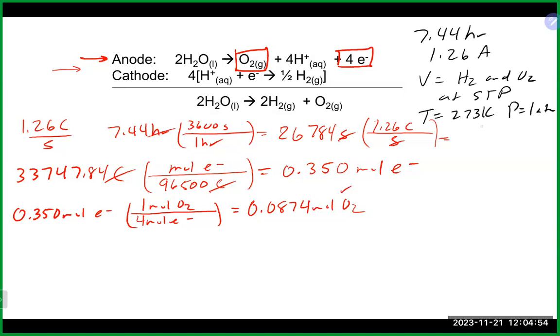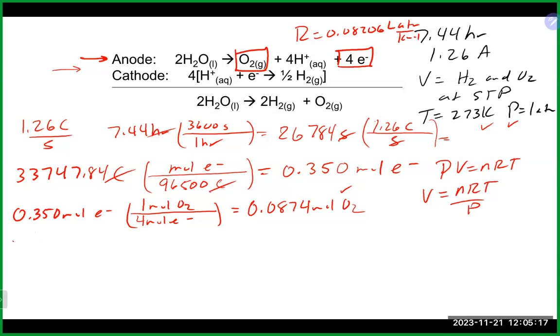I now have the moles of oxygen here. I obviously have my temperature and my pressure. Once again, you always have R, which is our gas constant. So we can go into PV equals nRT and solve for volume, which would be nRT divided by P. We could put all of our numbers in there.